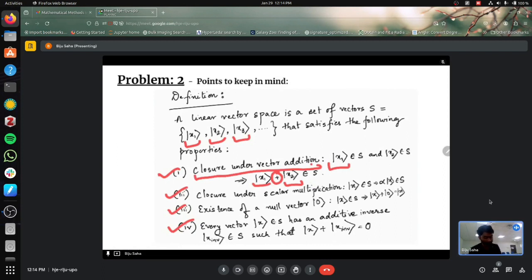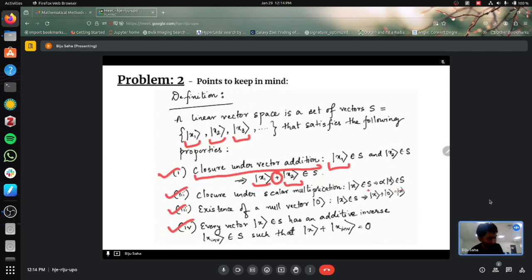Similarly, the second rule is closure under scalar multiplication. You take any arbitrary vector from this set and multiply a scalar with this vector. Every vector space is defined on a field, and its elements are known as scalars.